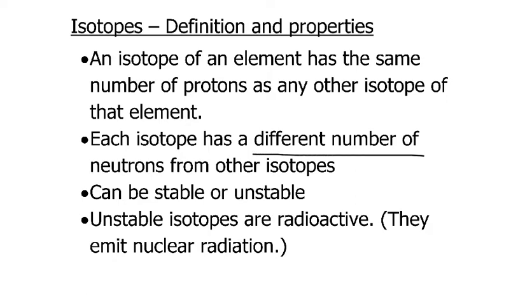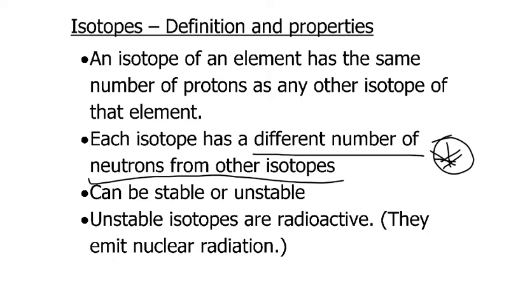That's the key definition of an isotope: it has a different number of neutrons from other isotopes of the same element.